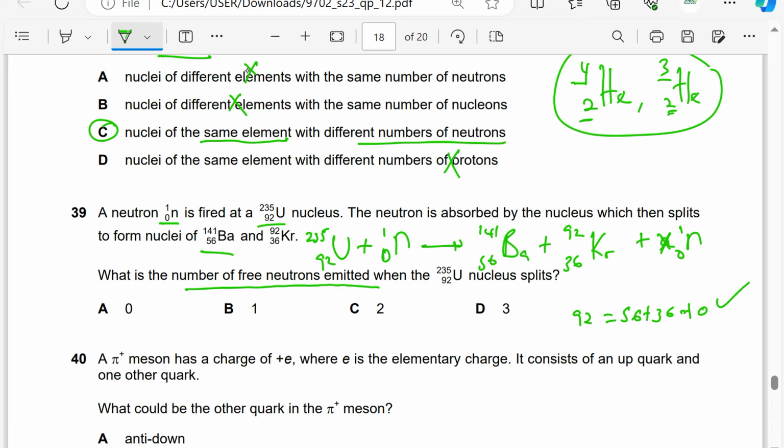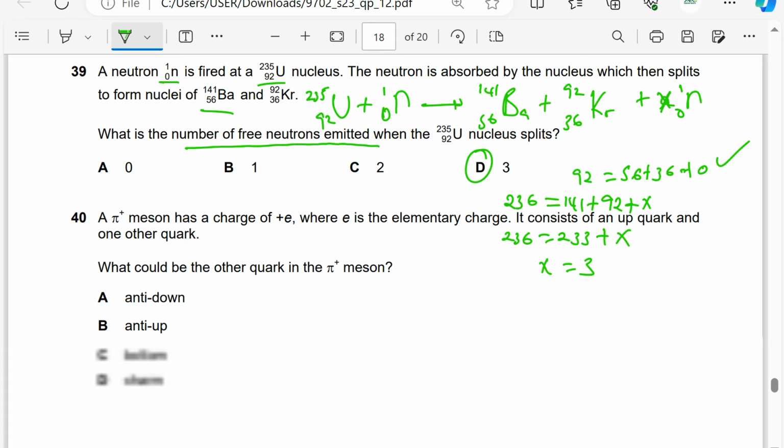By conservation of nucleon number, I have 235 plus 1, which is 236 on the left, should be equal to 141 plus krypton, which is 92, plus X times 1, which is X. So I have that 236 is equal to 233 plus X, which makes X equal to 3. So the answer is 3.